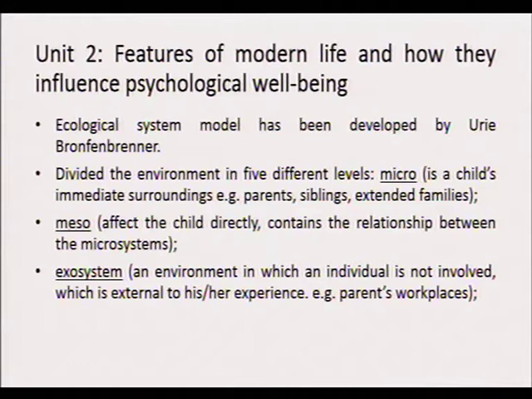And then the meso affects the child directly, because it contains the relationship between the microsystems. So you have the child, and the next step, once the child steps out of his circle, the micro, the next level that the child is moving into is now the meso, where the relationships still have to come.